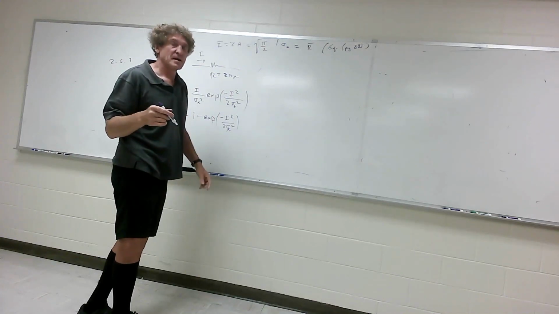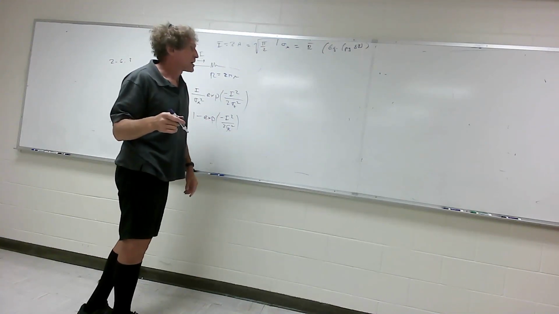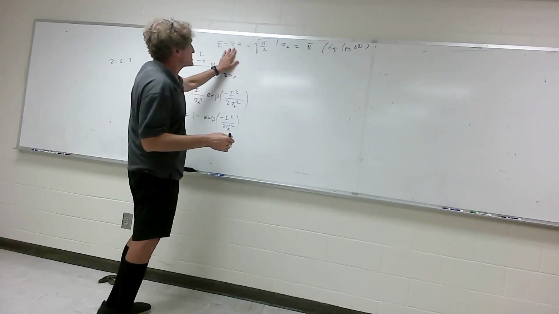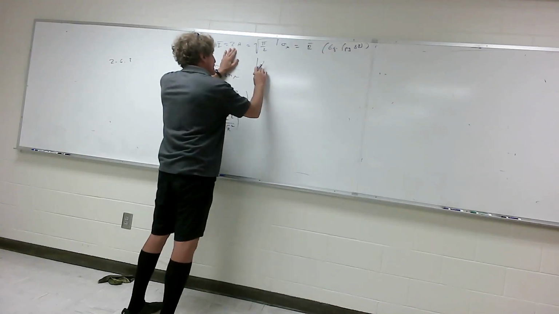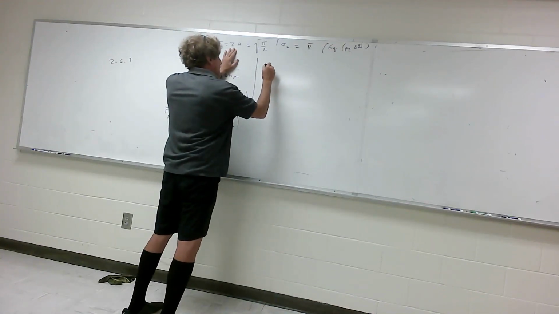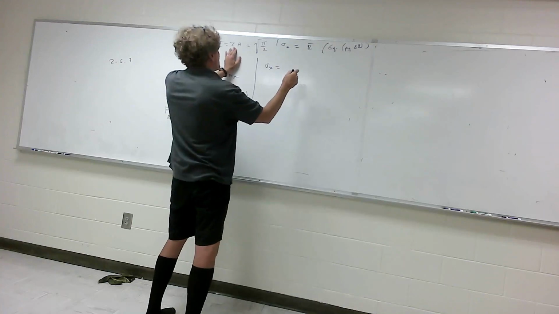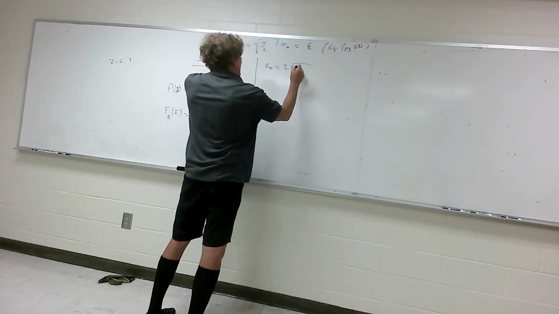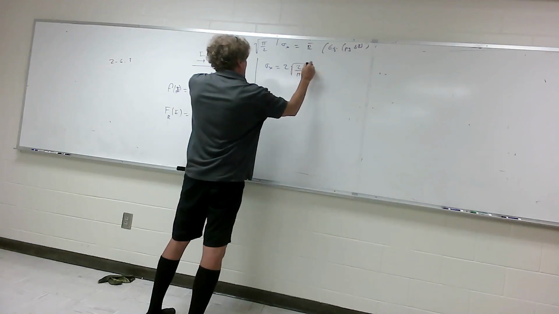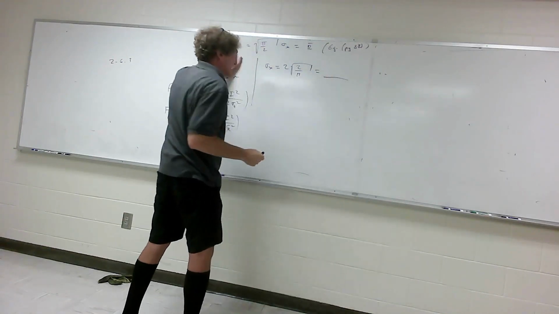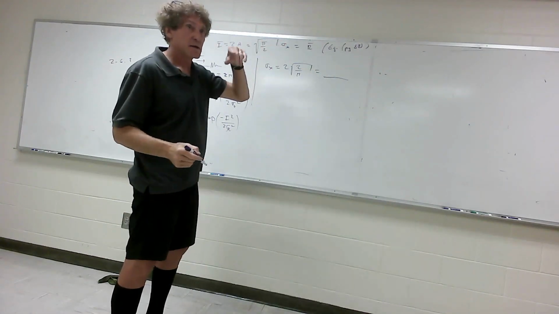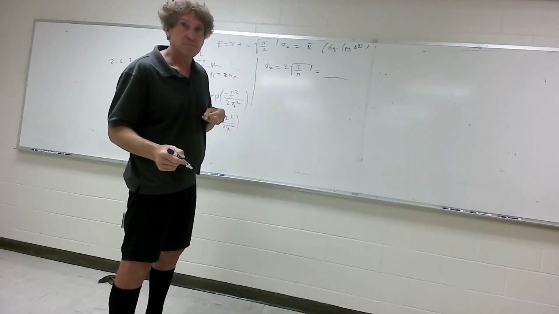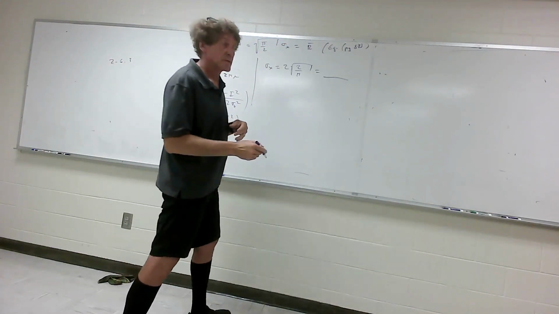So this one is 2. Now we need sigma x, the Gaussian. I'm going to say that's equal to 2 times the square root of 2 over pi. So I need this value next. You get it? 1.59577.